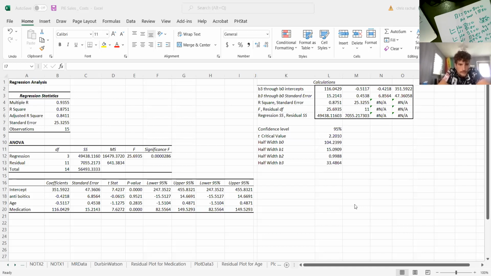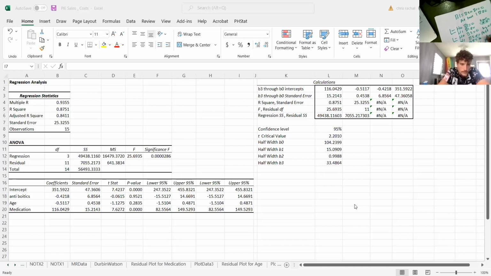And with medication, if they take medication, they actually stay 116 less hours, which is a lot out of 351 hours. Oh my God, that is definitely working. That's what this is telling us.